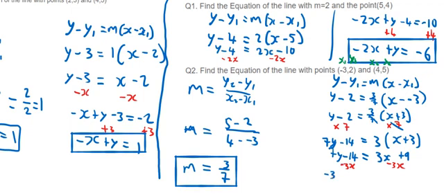So I get minus 3x plus 7y minus 14 equals 9, and then if I add 14, I get minus 3x plus 7y equals 14 plus 9 is 23. So that's my final answer.